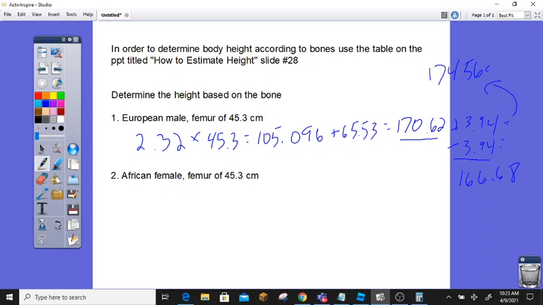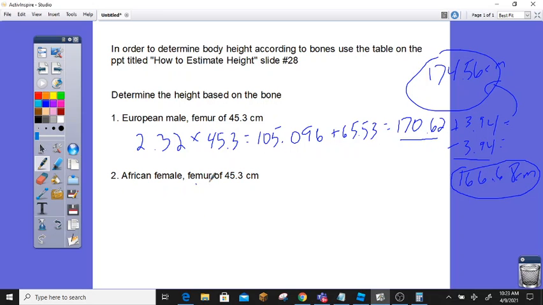There is our height. It is going to be between these two numbers. So this person, according to their femur, is anywhere from 174 to 166 centimeters tall. And then we can convert this to feet and inches, but let's do another example.